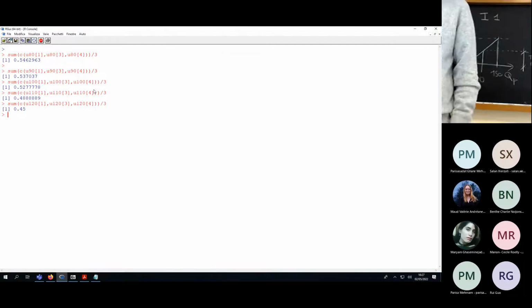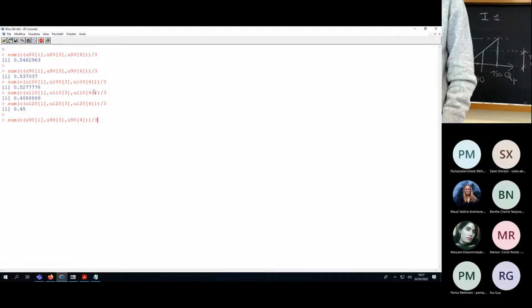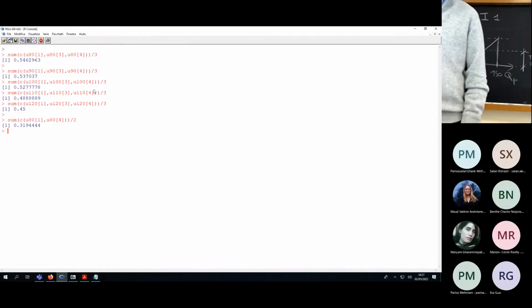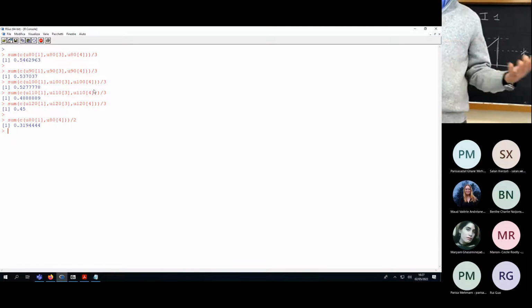Okay, always decreasing. So still the first one is much better. Let's try to remove another one. Let's use only the first and fourth criteria. You see that the utility is decreased a lot.